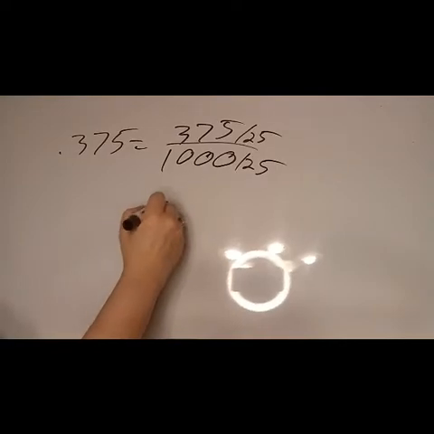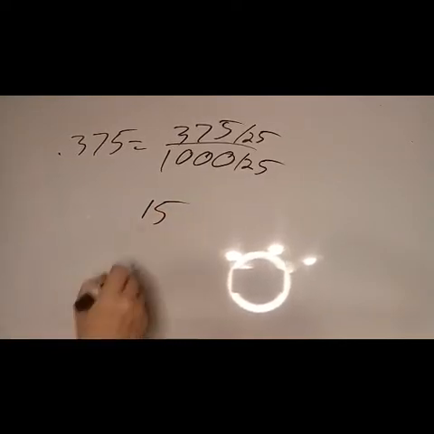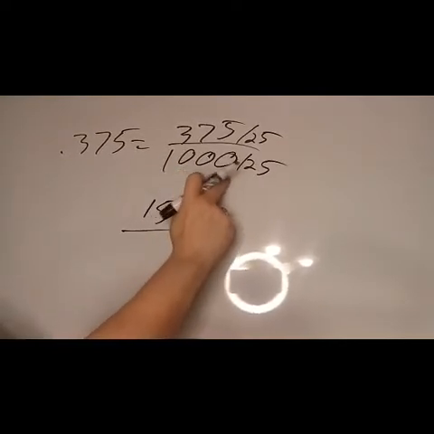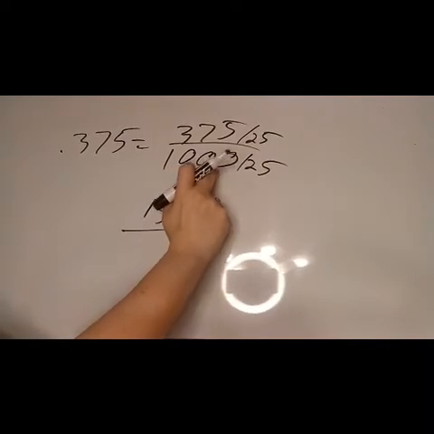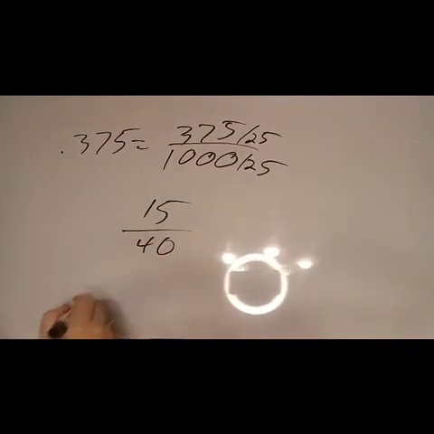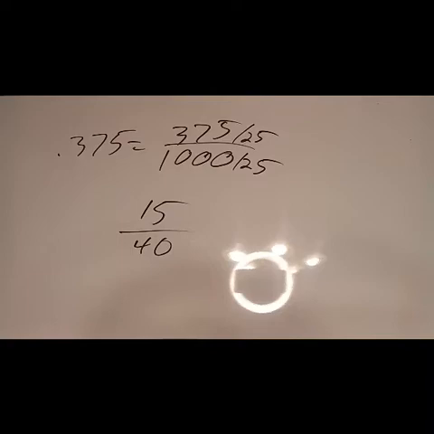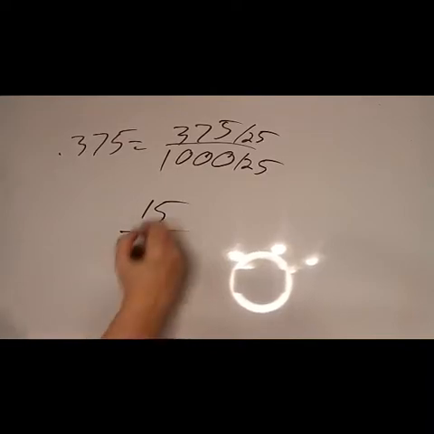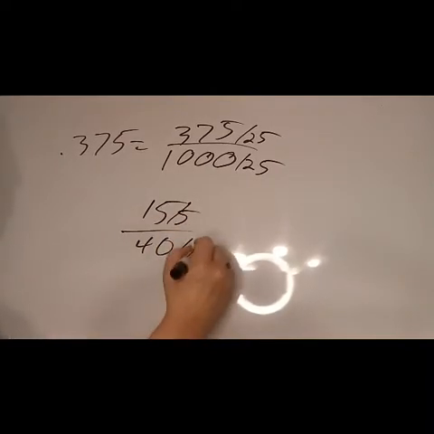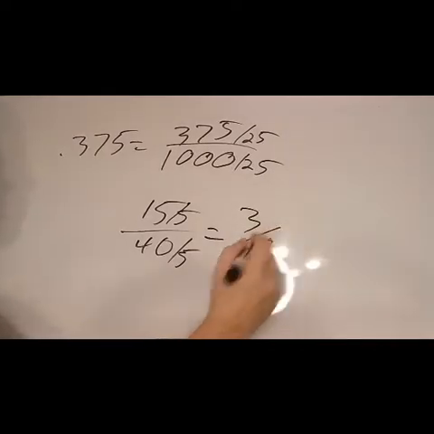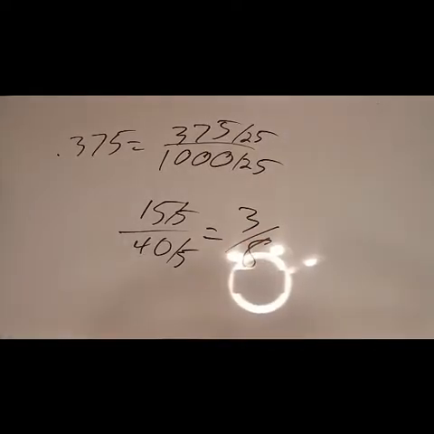That gives us 15 on the top. On the bottom, 1,000 divided by 25 is 40. Now we can divide both by 5, and we get 3/8. We get our fraction back.